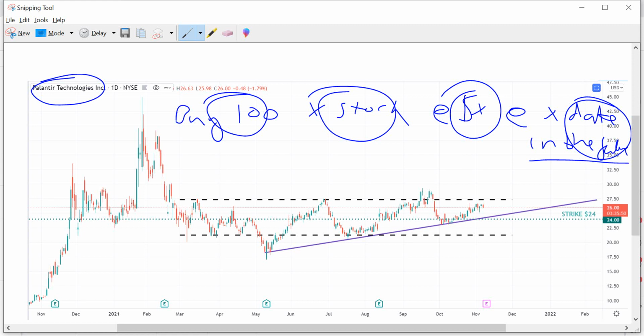Now, what happens is that a buyer would come in and say that, yeah, I'm happy to sell you my 100 shares in Palantir at X price at Y date. But for that right, as a seller, you are asking them for some premium, and that premium is what we call a net credit, because you are selling options, so money is coming into your account for writing that trade for us.